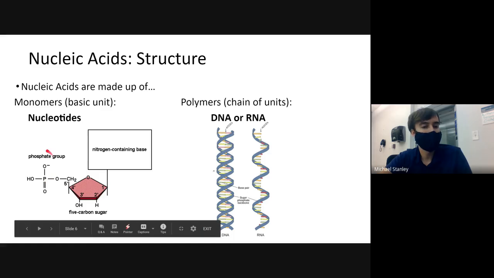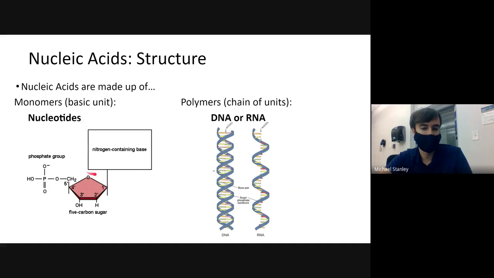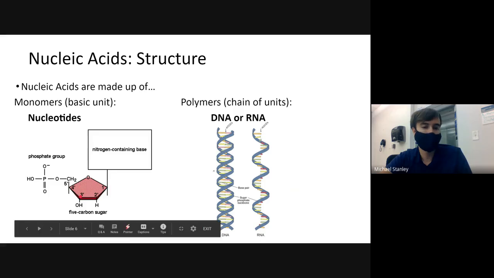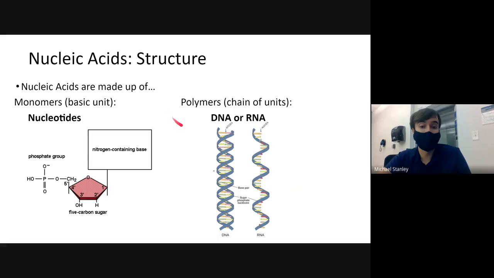We've got our phosphate group over here, our 5-carbon or 5-sided sugar over here, and then it's connected to one of those 4 nitrogen bases. So 3 parts to a nucleotide, thousands or millions of nucleotides to a strand of DNA or RNA.